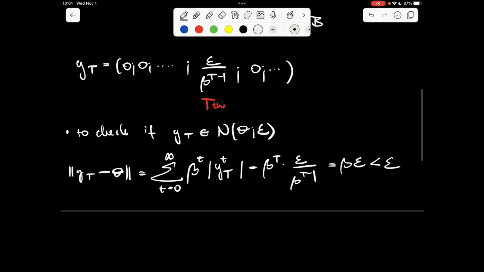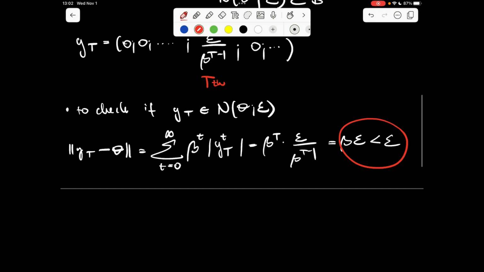So yes, the norm of point yt is beta times epsilon, which is lower than epsilon. So in consequence, we can say that yt is in the epsilon neighborhood around theta.